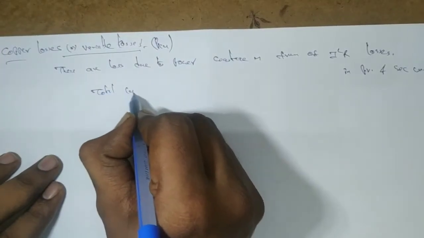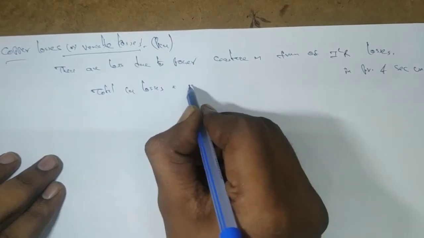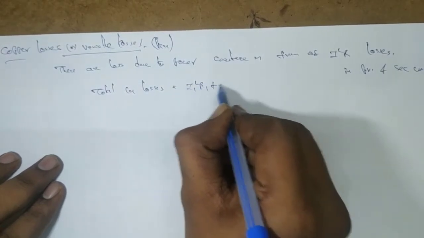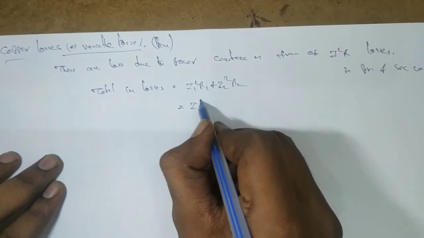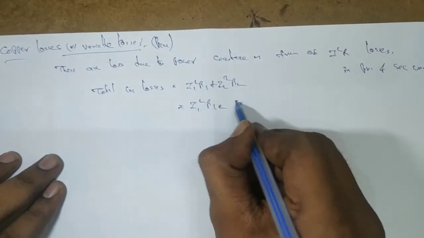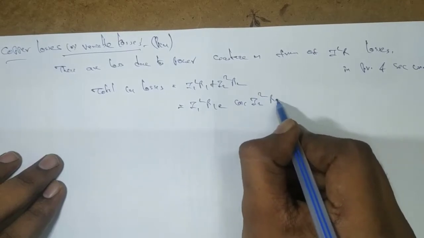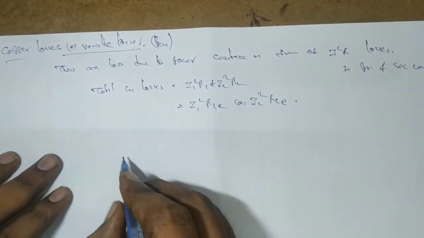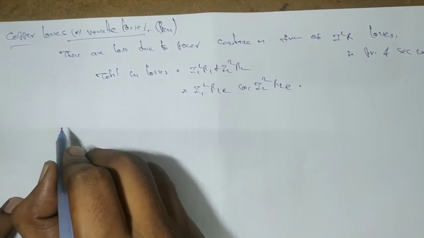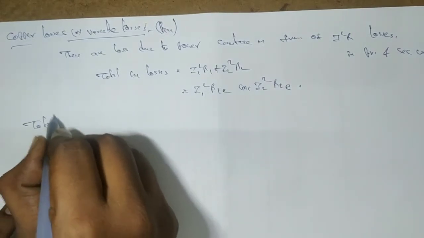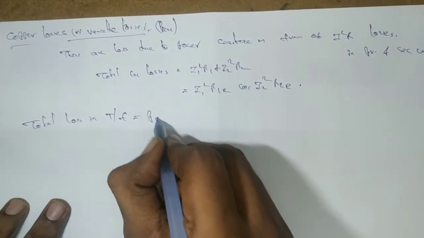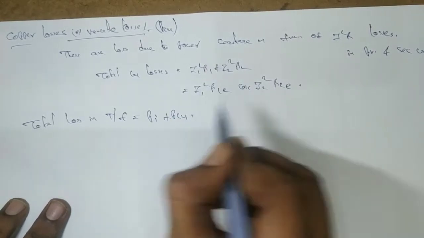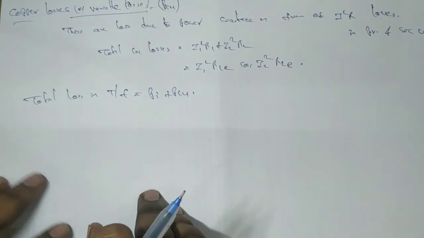We have already derived this. Total copper losses will be equal to I1 square into R1E or else I2 square into R2E. So this is about copper losses. The total losses in a transformer will be the combination of constant losses and variable losses, that is iron losses plus copper losses. This is about different losses in a transformer.